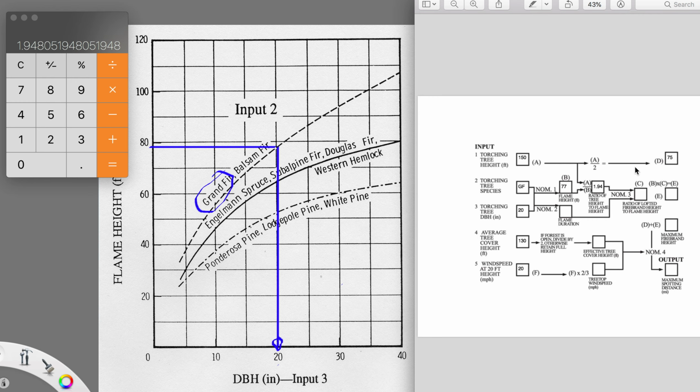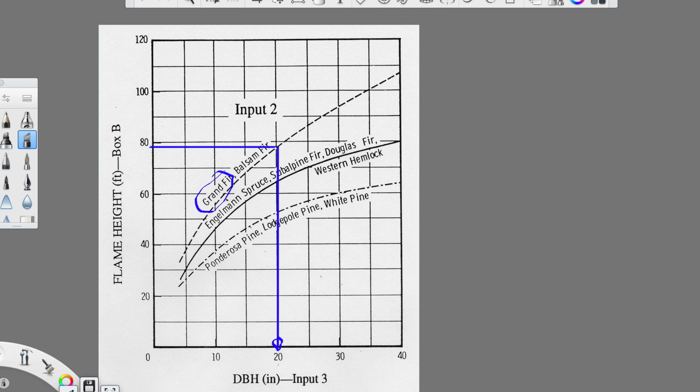For C here, we need two inputs. We need the ratio of the height of the tree to the flame, and then we need the flame duration. To get the flame duration, we're going to use the inputs of the tree type and the diameter at breast height, and we'll go to model nomogram number 2.